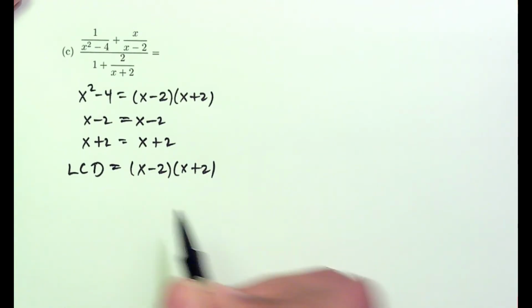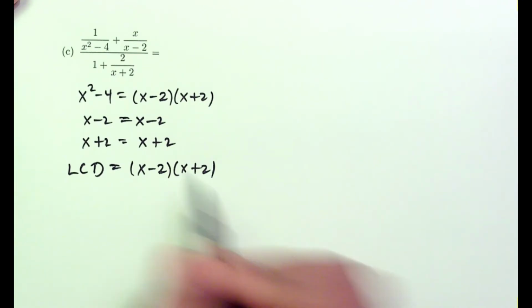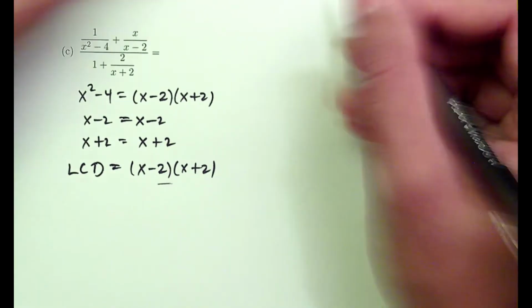Okay, so that means we're going to multiply top and bottom by this. So let's write that out.